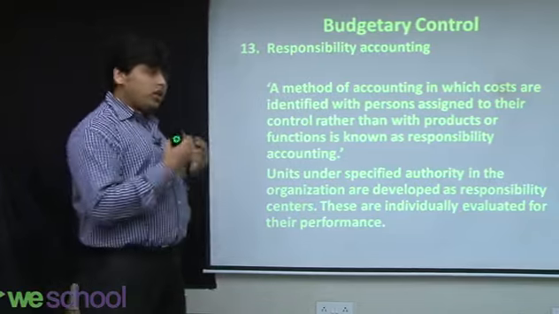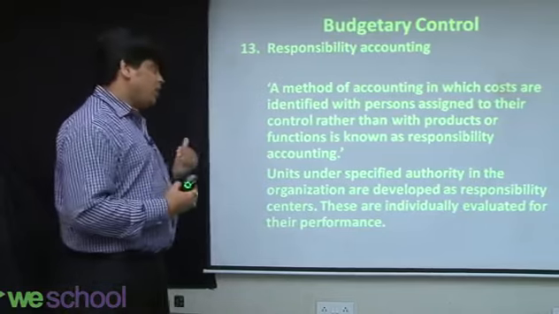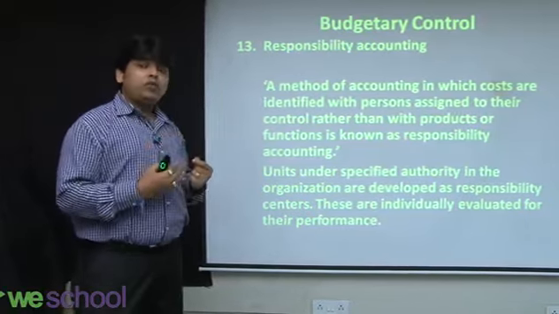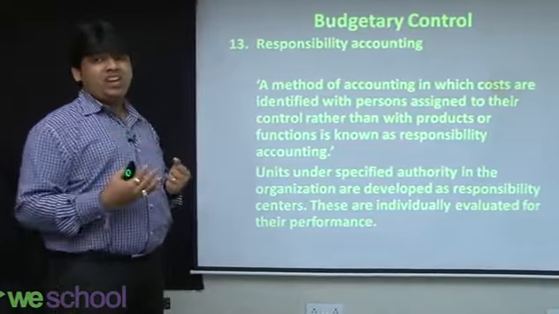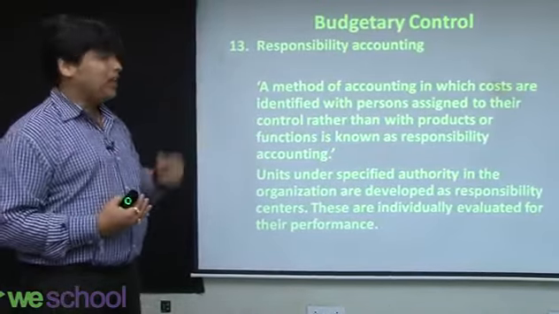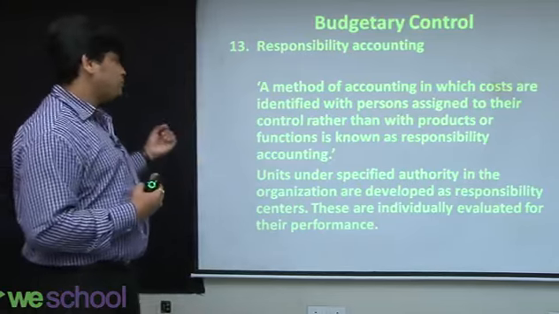In this we are not calculating a budget for the cost; we are accounting for the work done by the various departmental heads, whether they succeeded in their mission or not. That is what we target in responsibility accounting.